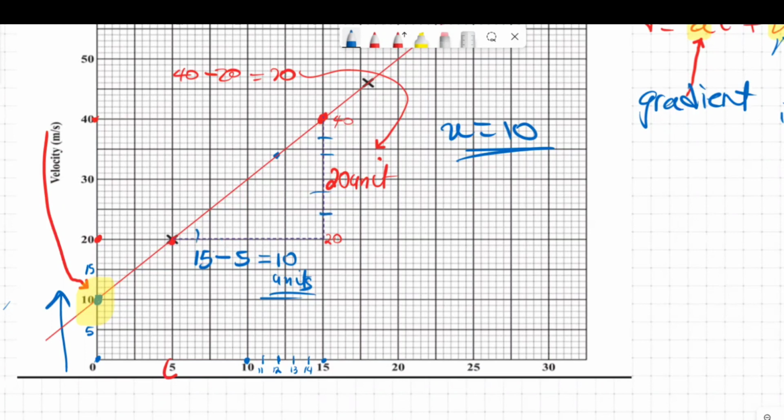But no, you can't just do that because the scaling will determine the numbers you pick off. So you have to be careful. So now this value of a is our gradient, and it's going to be rise over run, which is 20 over 10, which is equal to 2. Right? So then the value of a is 2, and the value of u is 10.